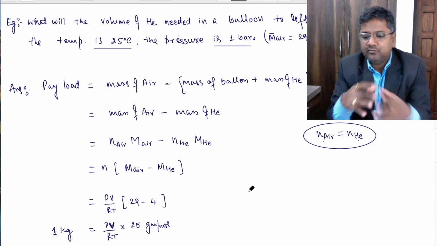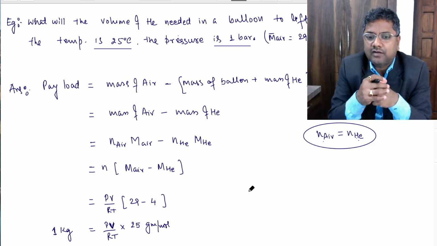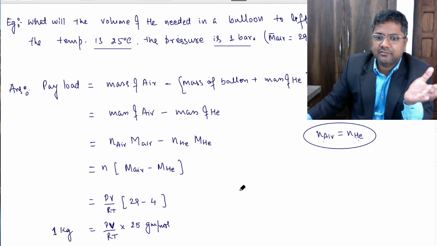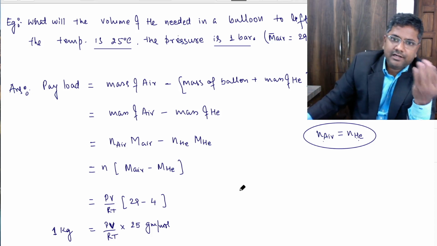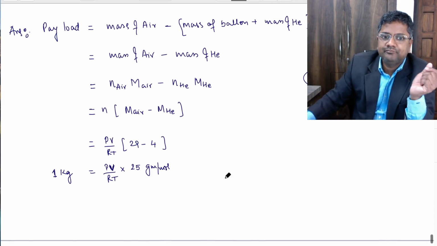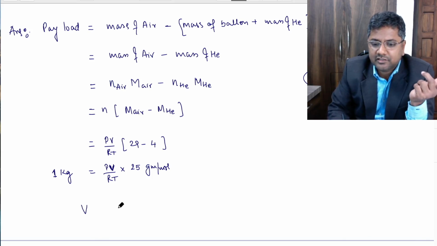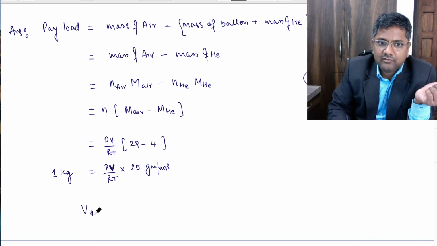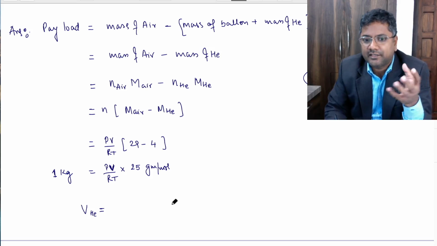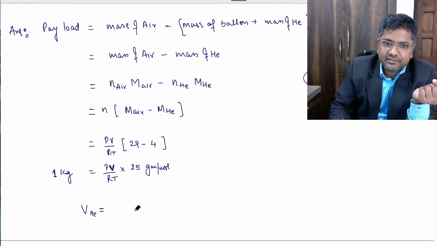Basically this volume of helium is equal to the volume of the balloon, because the pressure inside the balloon and the outside pressure, that is 1 bar, is constant. So the volume of helium is equal to the volume of the balloon, which is equal to the volume of air displaced, right?